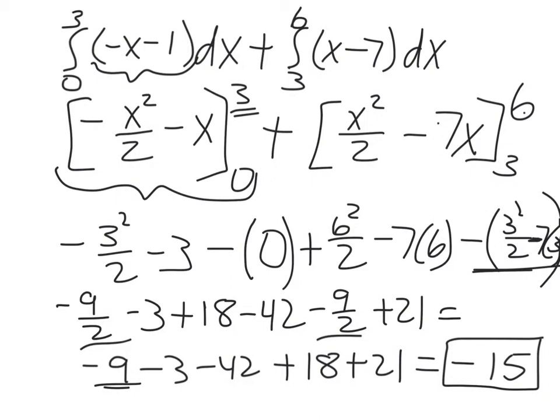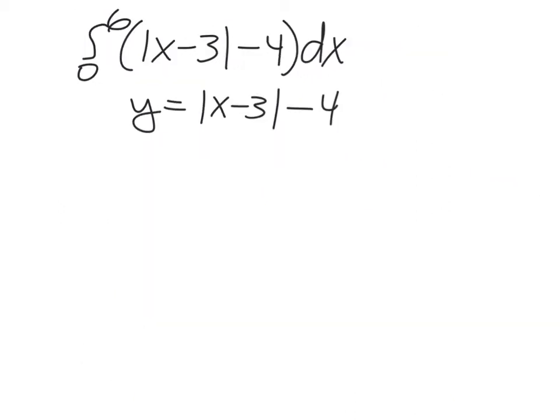So let's take a look at the graph of this original function, this absolute value function. What kind of a graph do we find with an absolute value? Okay, it's the V shape. And in this case, if we can, oh, nice straight line there.